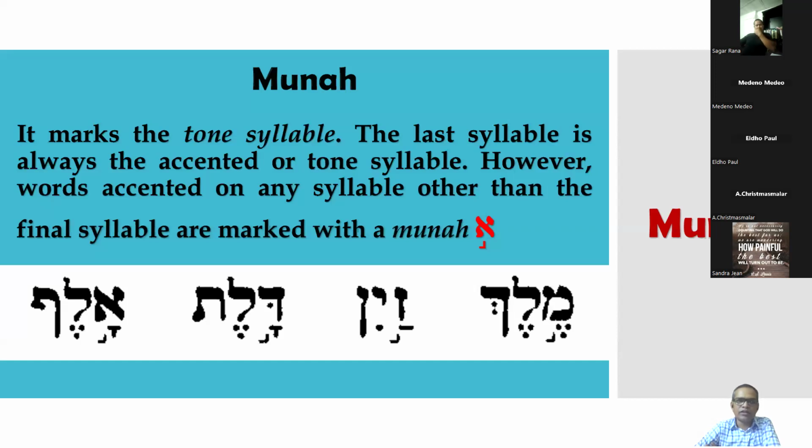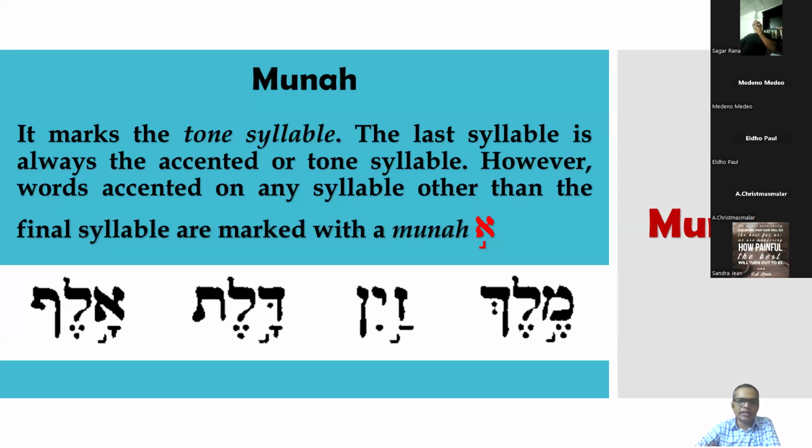Even though pata is a short vowel, I am stressing there because it is carrying munna. Next example, dalat, dalat. I am stressing da because munna is there. Aleph, I am stressing a because munna is there.